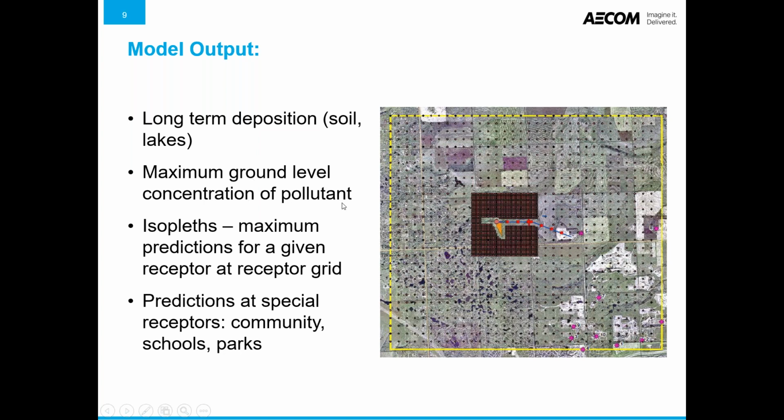Maximum ground level concentration of pollutant, which we could compare to regulatory limits. And we show also isopleths, which are maximum predictions for a given receptor at receptor grid. And in order to have receptor grid, we make this grid like on this picture, where the more dense receptors are close to the sources, and farther away we have less dense receptors.